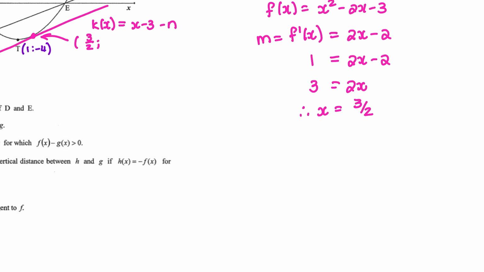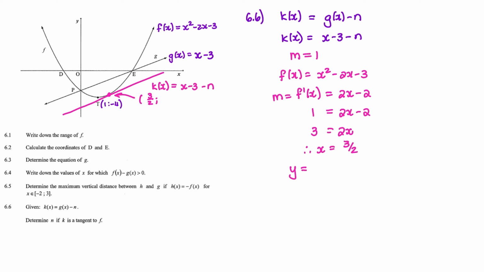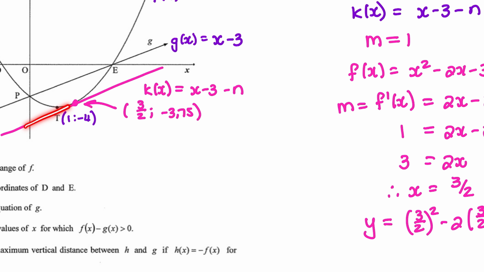So we'll have y is equal to (3 over 2) squared minus 2 times 3 over 2 minus 3. And that means that y is equal to negative 3.75. So you can use your calculator. And now we have the coordinates of a point on the line of k(x).